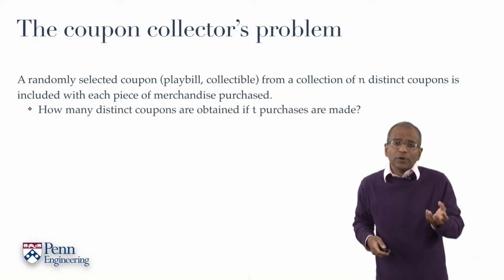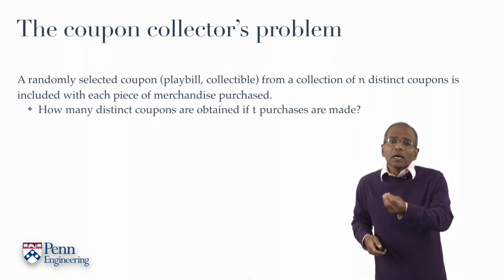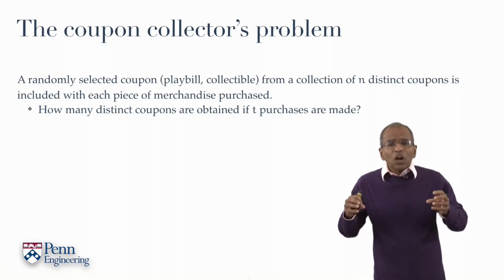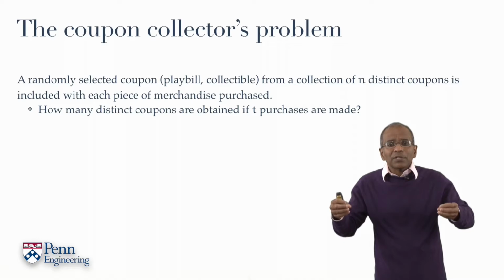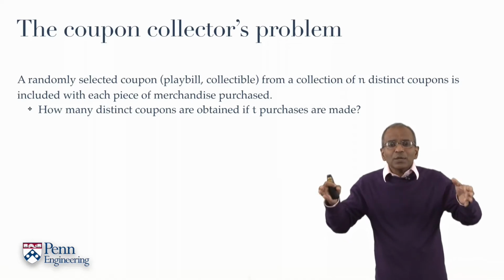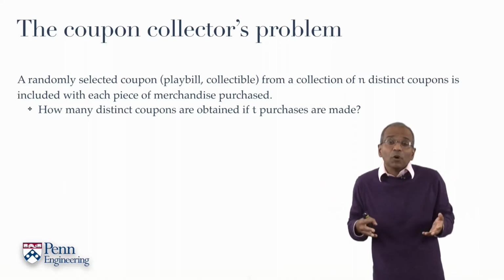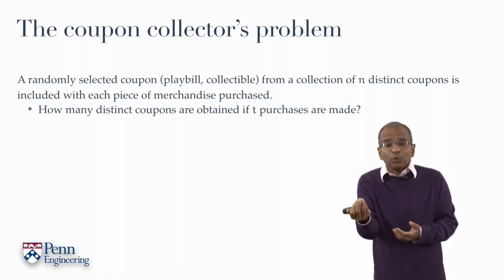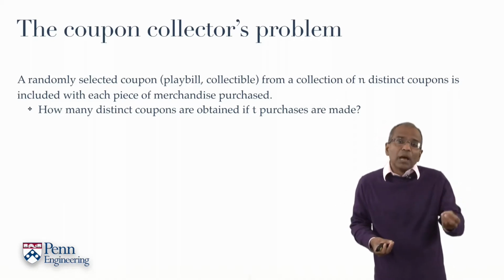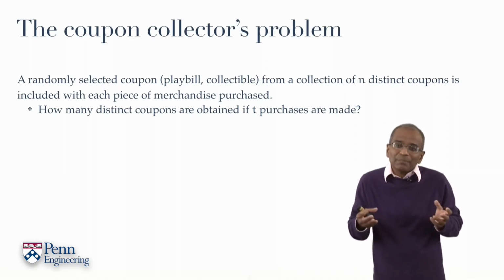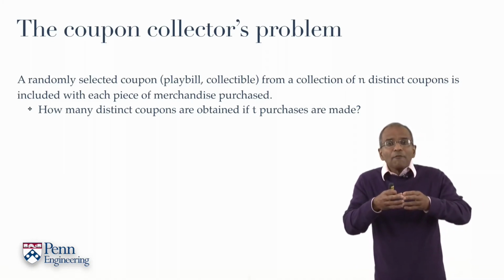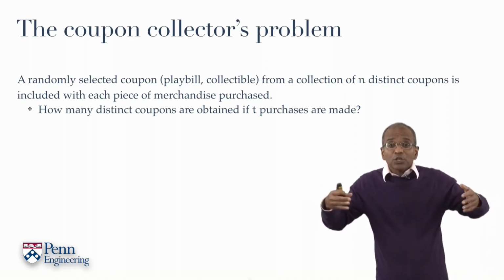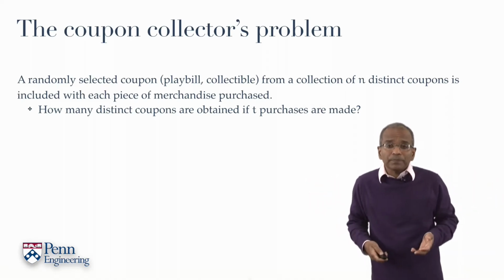And now our questions are going to be related to, if you buy T pieces of merchandise, how many distinct playbills, coupons, figurines did you manage to collect in that time? Of course, the luck of the game would mean that you pick up some particular coupon and then in several other purchases you happen to get the same coupon. Bad luck. But if you purchase enough pieces of merchandise, then with luck you will eventually get all the coupons or most of them.